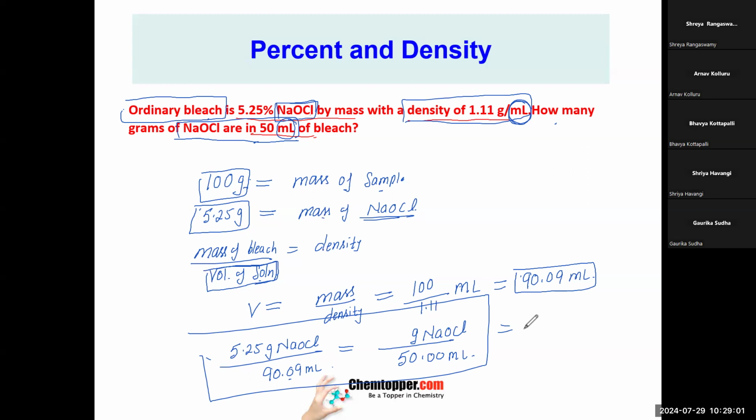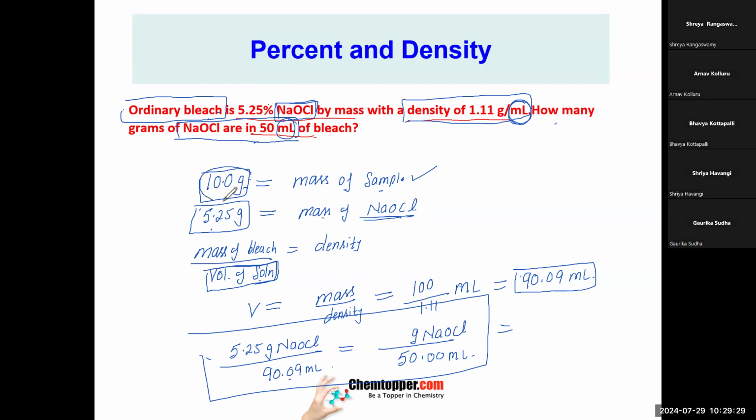So is there any problem in understanding this question? Any problem? You assume the sample of the bleach as 100 grams. You convert this percent into mass. So this mass is present in 100 grams.